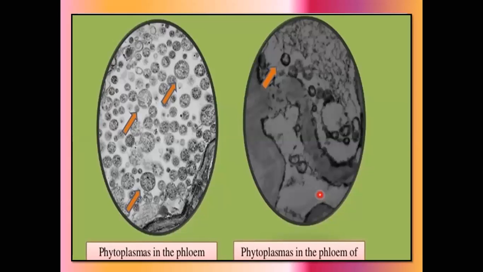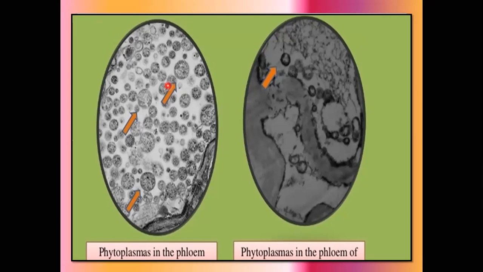Then this root wilt symptom is generally seen due to phytoplasma. Phytoplasma is the pathogen generally present in the sieve tubes of the infected tissues, maybe in the meristem tissues or phloem tissues. Phytoplasma is pleomorphic in nature and generally circular to oval.